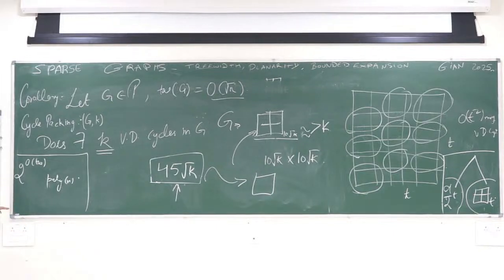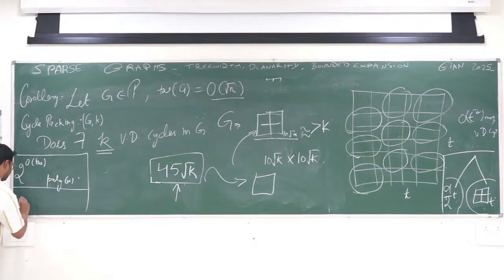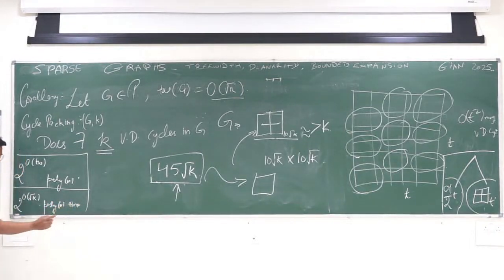So what I do is I plug in this. So I solve my problem in 2 to the power order square root of k times only n time. This is what we wanted.